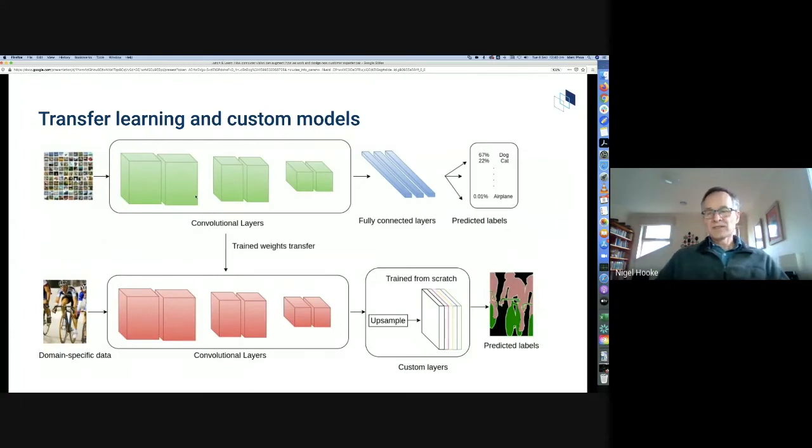To give you some idea of how we apply these state-of-the-art models, on the upper half of this slide, you can see a stylized breakdown of how a typical convolutional neural network deep learning model works for picking out objects in an image. So this is the kind of model which is trained on a large array of images of everyday objects, each one identified with the name of what kind of object it is.